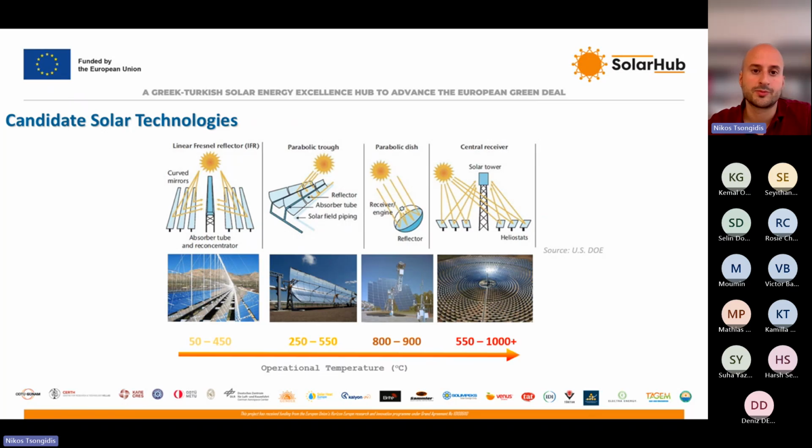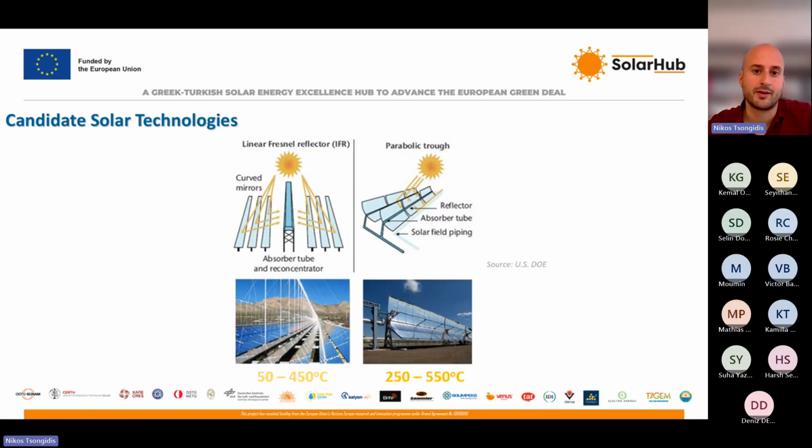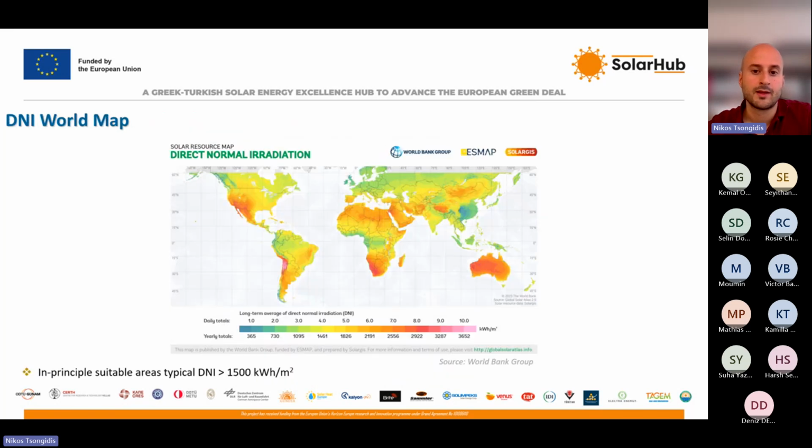In our case, we use either linear Fresnel reflectors or parabolic trough collectors. We have picked parabolic trough collectors because they are more compact and it is quite easy to implement them on the mobile platform that we use for the application of this project.